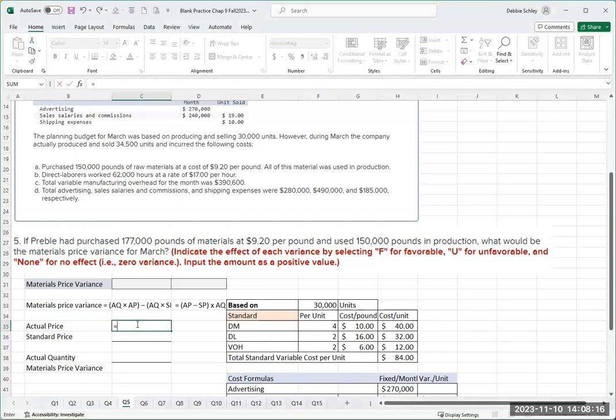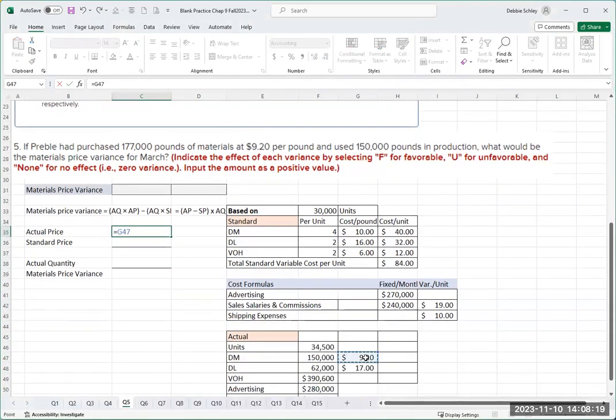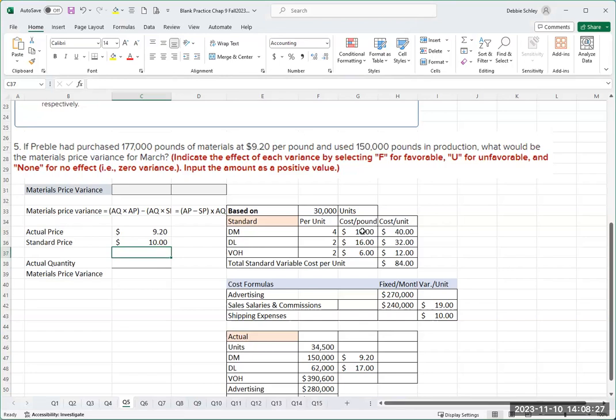So again, it's going to be at $9.20 actual price, the standard price, subtract, equals this minus this. And then the actual quantity is going to be that 177,000 that we purchased, right? Because in the original, we purchased this and used it all. And now they're saying, well, what if we purchased this and only use this? So that's why, yeah, anyway.